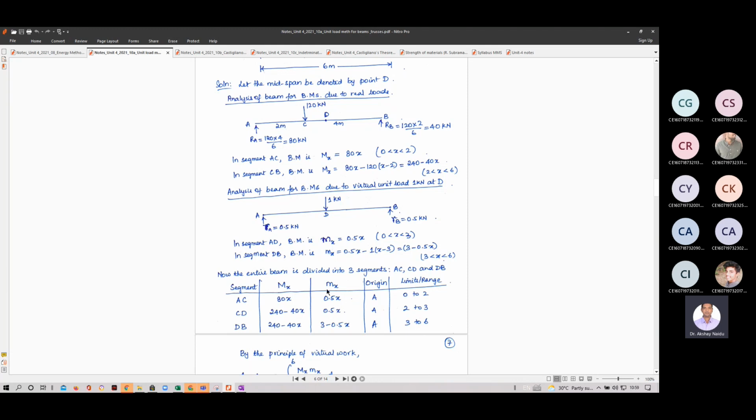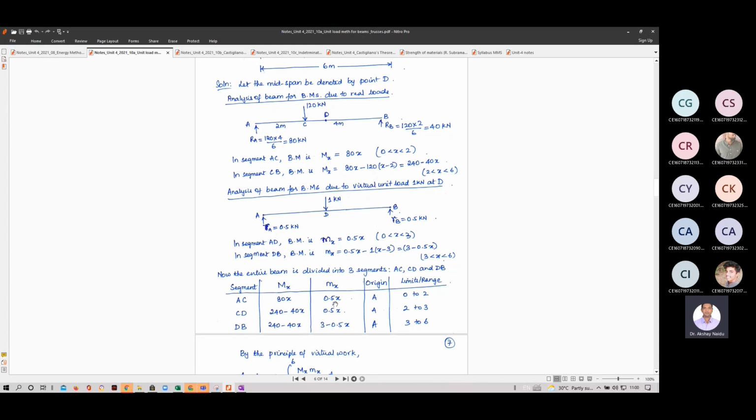This is small m, this is capital M. Then I draw a table like this: segments AC, CD, DB, capital M, small m. Now we have to divide into three segments, A to C, C to D, D to B. For A to C, C to D, small m will be common. For C to D, D to B, capital M will be common.